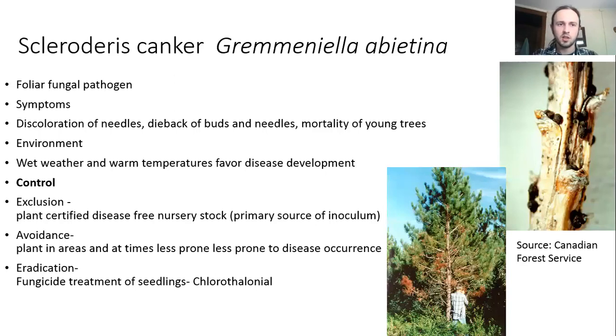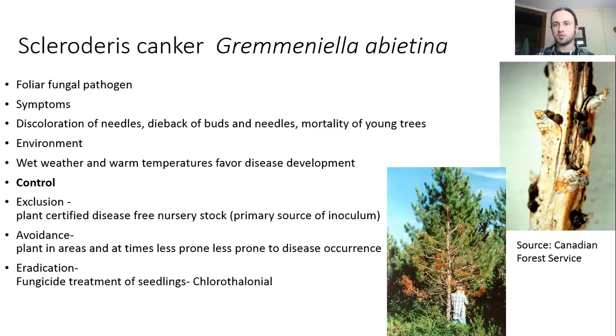Sclerophoma canker, a foliar fungal pathogen, favors wet weather, can cause dieback, buds, needles, and mortality in young trees. So for this, you want to start out with the pre-planting stage. You want to start out with disease-free nursery stock. This is a primary source of inoculum.